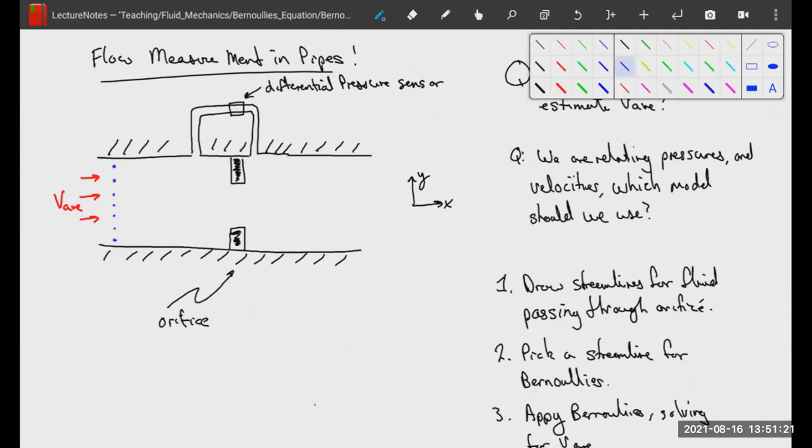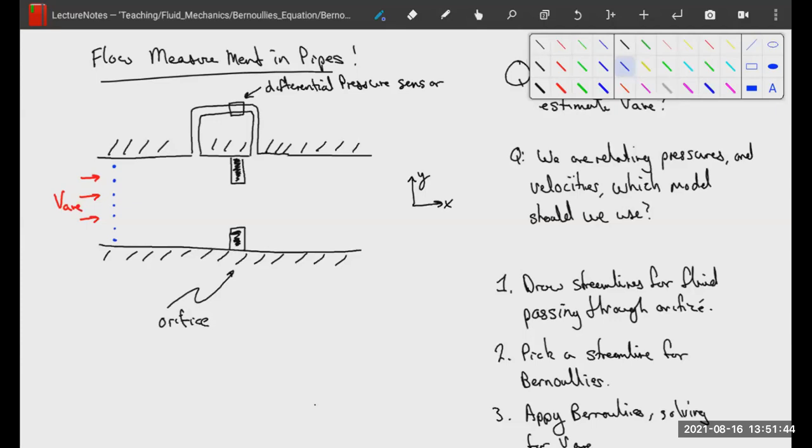We have to change the pipe to do it though, right? So one of the more common ways to do this is to use what's called an orifice meter. So there, we have a round pipe, we put a ring inside of it that has a narrower hole through it. So the fluid has to go through a narrower hole.